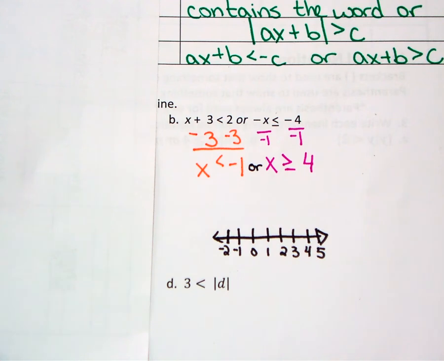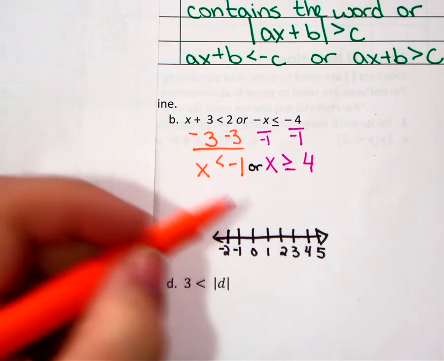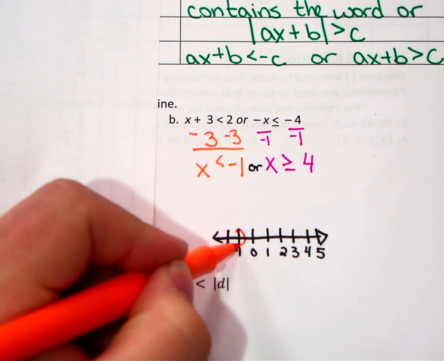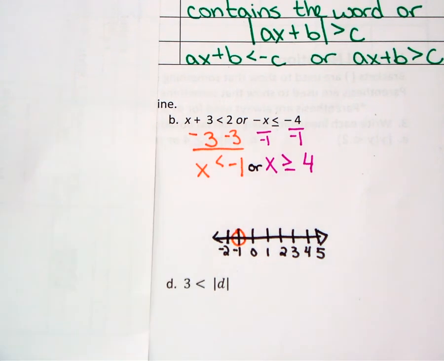Now, because they're two inequalities that have said OR, we're going to graph them independently of each other. These tend to be the easier problems to graph. So on -1, I will put an open dot, and it's in the correct form, variable inequality number.